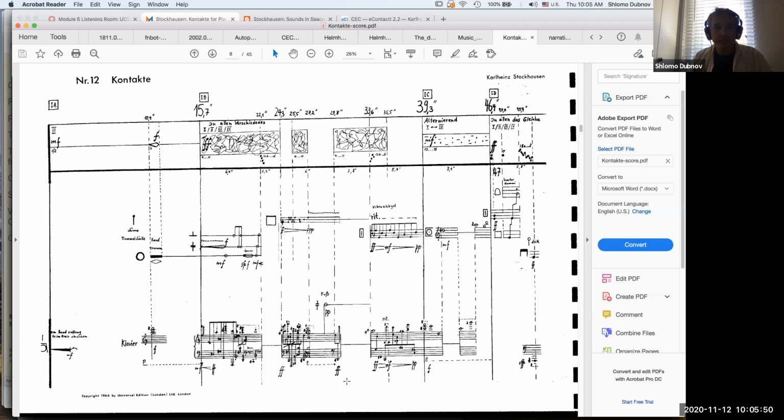So in this piece, Stockhausen also uses the concept of serial organization in the sense that he thinks about categories of sounds, and he creates sequences of these categories, and then he keeps manipulating them in different ways, including spatial relations.